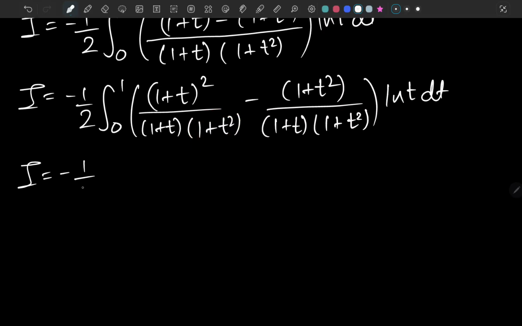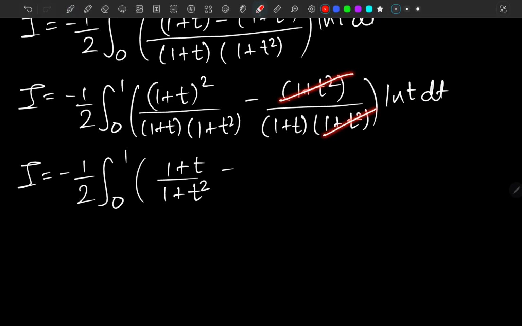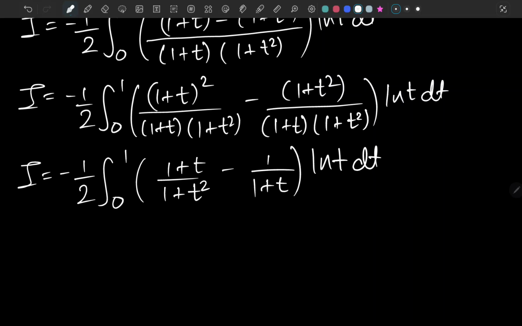So I is basically 1 over 2 integral from 0 to 1 of (1 plus t) over (1 plus t squared) we are left with. And the other one is fully cancelled out, and we are just left with 1 plus t here, ln t dt.